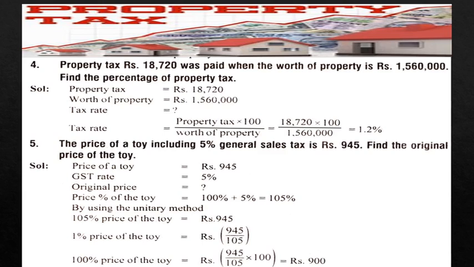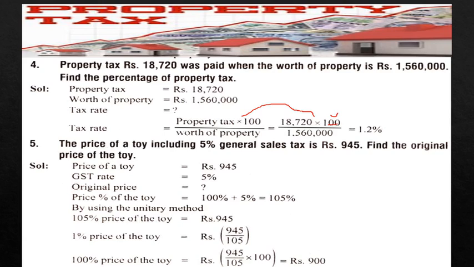What will be the formula if rate we are going to find out? The formula will be property tax multiplied by 100 divided by worth of property. What was the amount of property tax? 18,720. According to formula, multiply by 100 divided by worth of property, and after simplification we will get the answer.